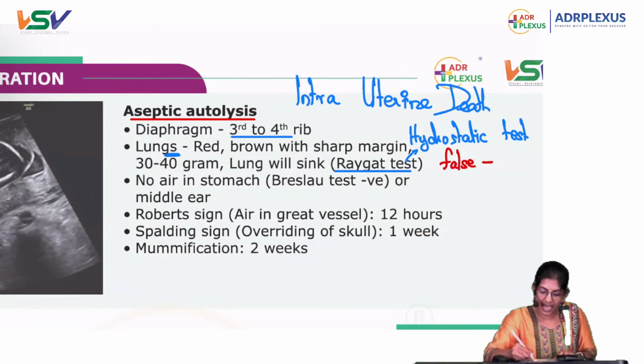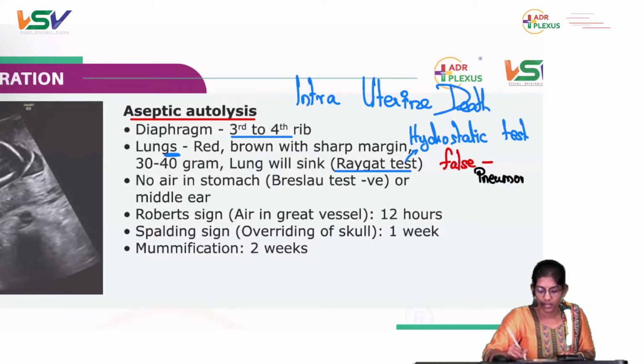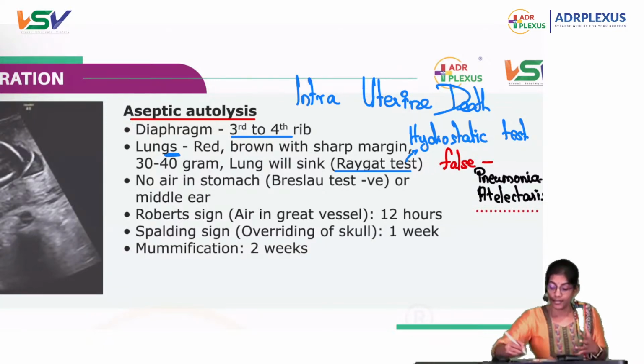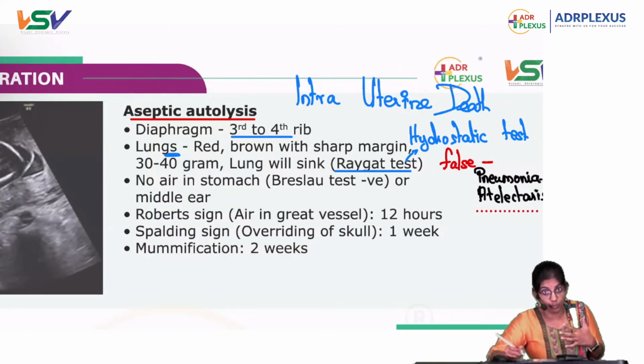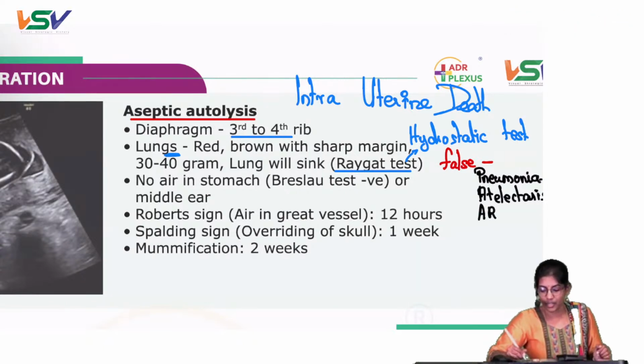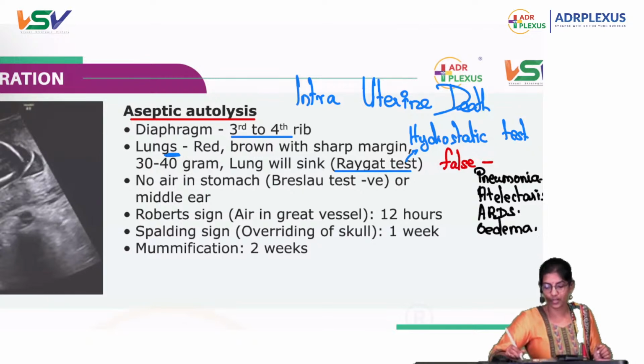The reasons could be as simple as pneumonia, atelectasis, hyaline membrane disease. So here, though the child was born alive and respired, the lung sinks. Acute respiratory distress syndrome, edema, all of these will cause the lung to sink.